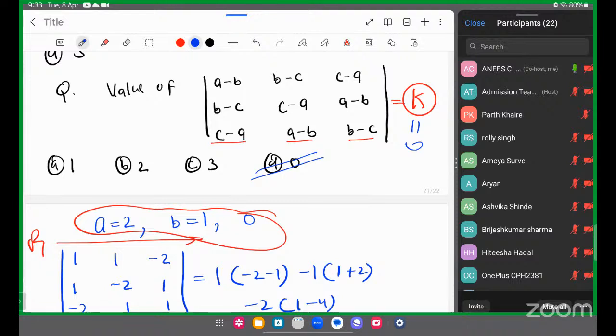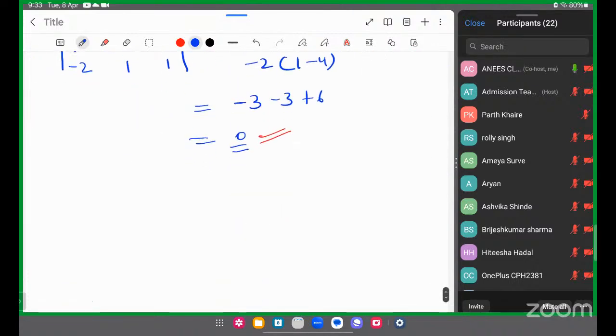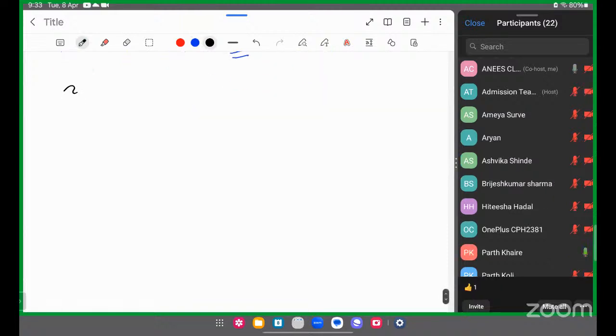No matter what value you select from the real numbers, this determinant will still be 0. Understood or any doubt? Understood, sir. No doubt, sir.